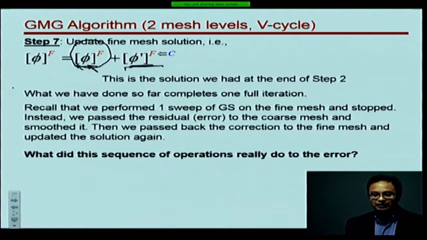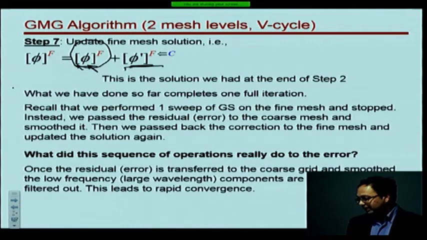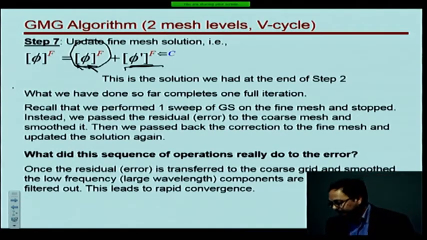That's the important question, and I'll show you some examples. Basically, it took the residual error, transferred it to the coarse grid and smoothed it. In the process, the low frequency or large wavelength components got filtered out, essentially, and that leads to rapid convergence.